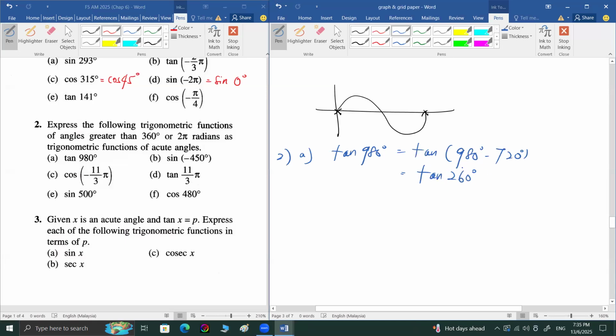When you change this already, it's like question 1. 260 is in this quadrant, which is the quadrant of tangent, so tangent remains positive. Remember 180 plus what?